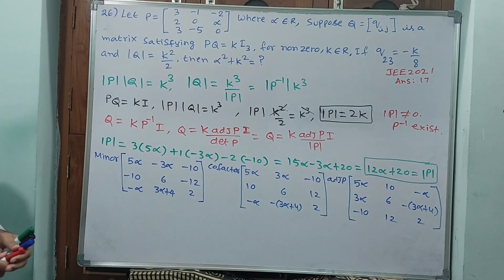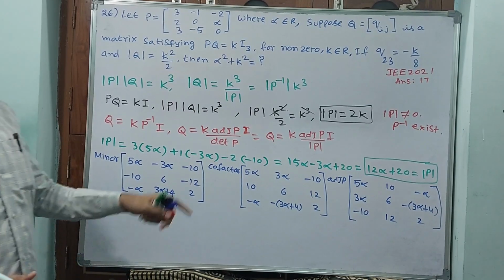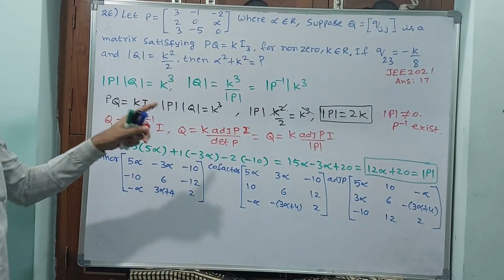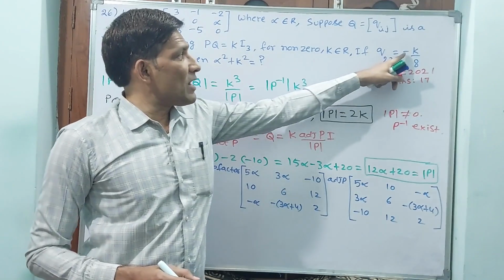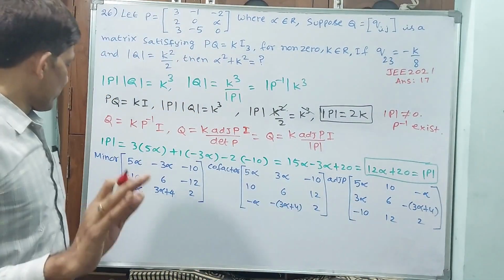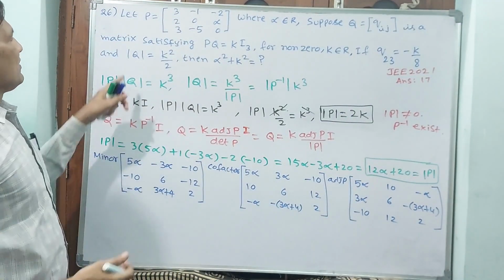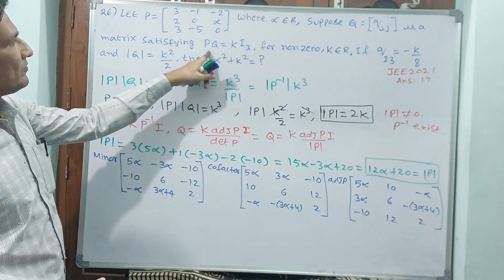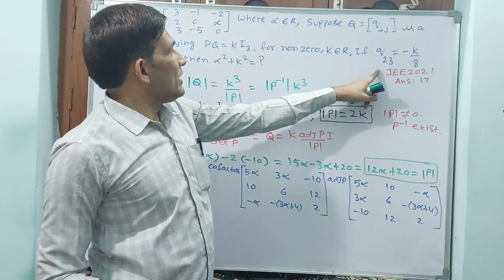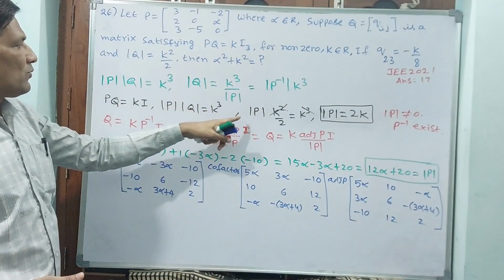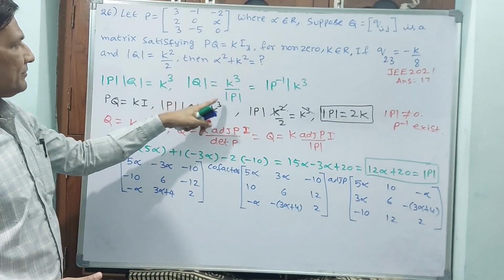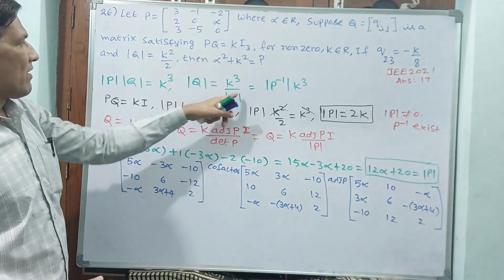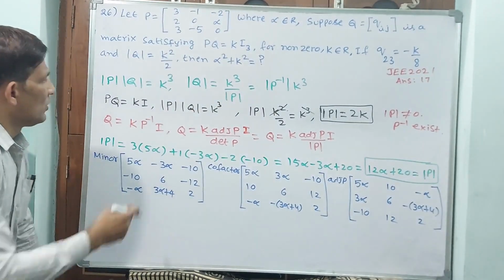Now you see here Q23 they have given. See what is the relation between these two? Q23 means how are we going to get Q? This only. Okay.